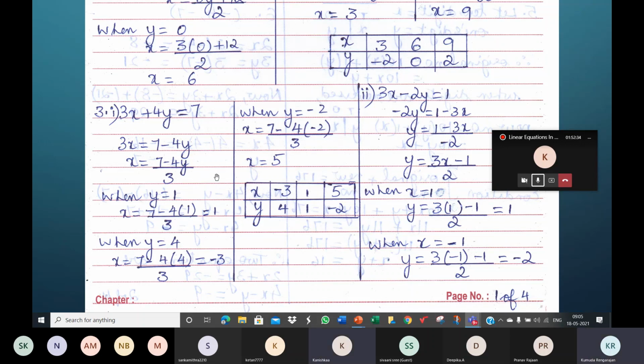Yes, ma'am. If we found out that x is equal to 1, can we try what you have told me, ma'am, like adding 3 or subtracting like that? Can we try like that? Oh, I'm not getting you. No, I'm not getting you, Kanishka.